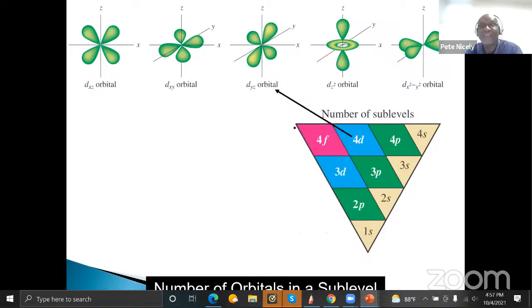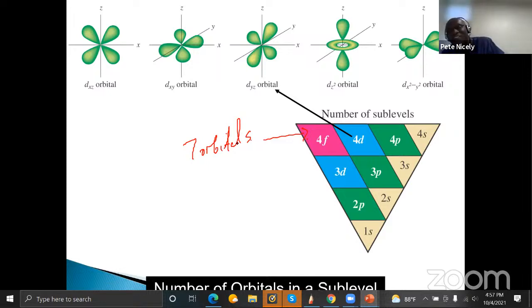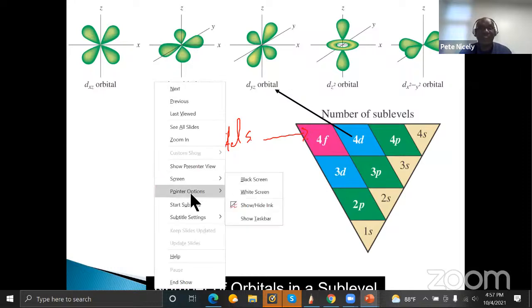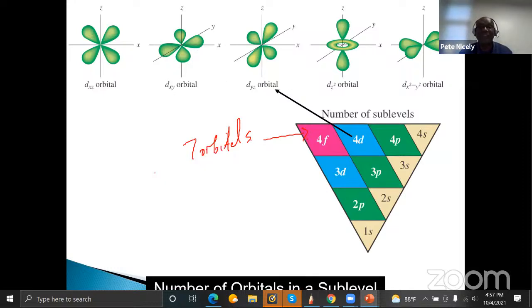So let me put here, you have a total of 7 orbitals in the 4f sublevel, all right? So basically that's what happens in terms of how the orbitals are arranged within any atom. All right, so let me get out of this here, go back to my pointer.